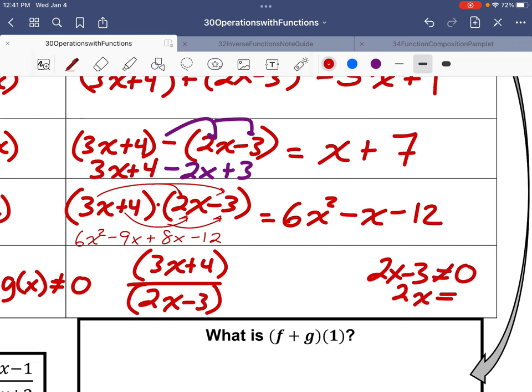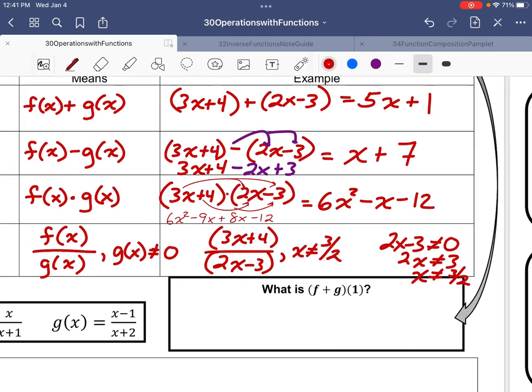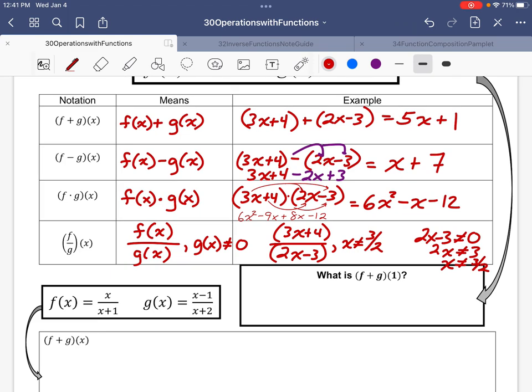But that means that 2x can't equal 3. But that means that x can't equal 3 over 2. And so we put a little disclaimer. We say that x can't equal 3 over 2. Yes, you want to actually solve the problem that is the denominator. You want to solve that denominator so you can get the specific x value that you can't equal.